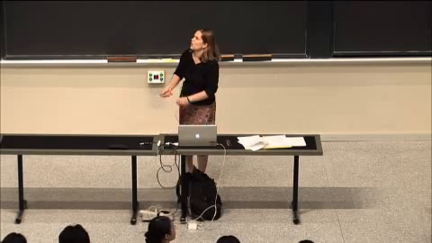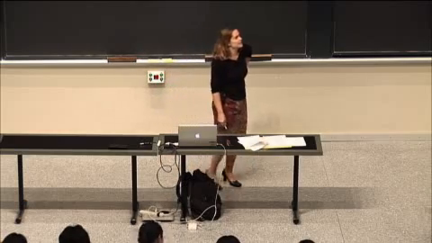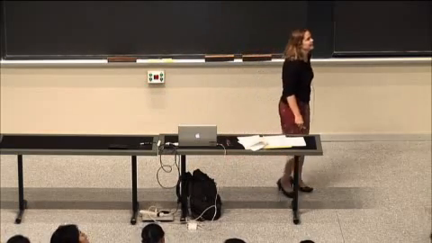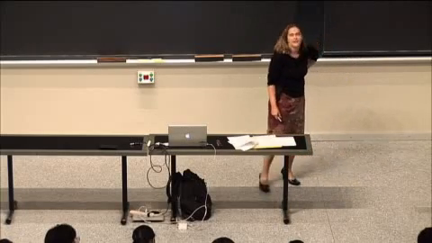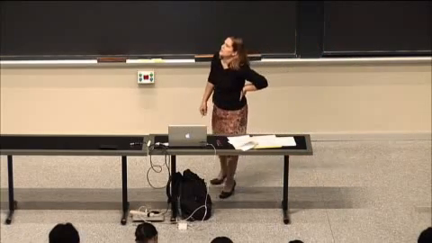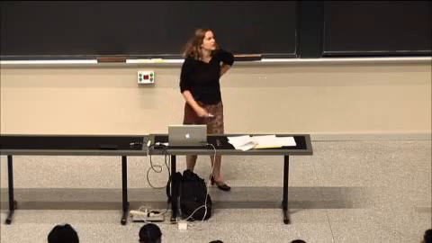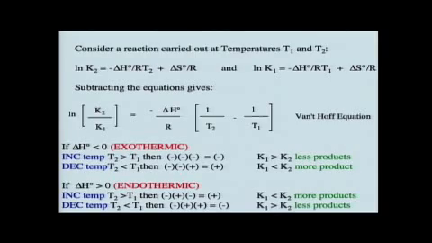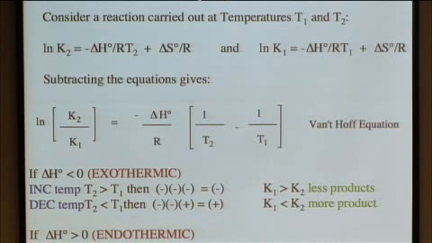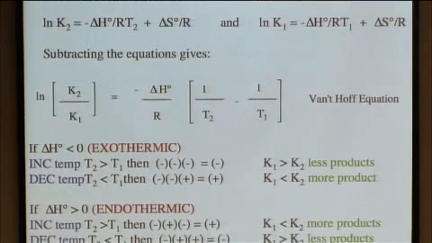The first one is that the reaction was endothermic. I think everybody saw that as being correct. The second one talked about the equilibrium constant being higher at higher temperatures. We increase the temperature here, and if you work out the math or just think about it, K2 is larger than K1.